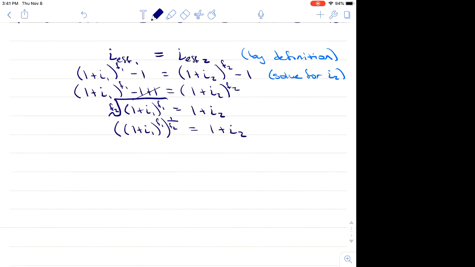Remember the rules of exponents say that we can multiply these, combine these because they're on the same level. And so that's how we get to (1 plus I1) to the power of F1 over F2 is 1 plus I2.